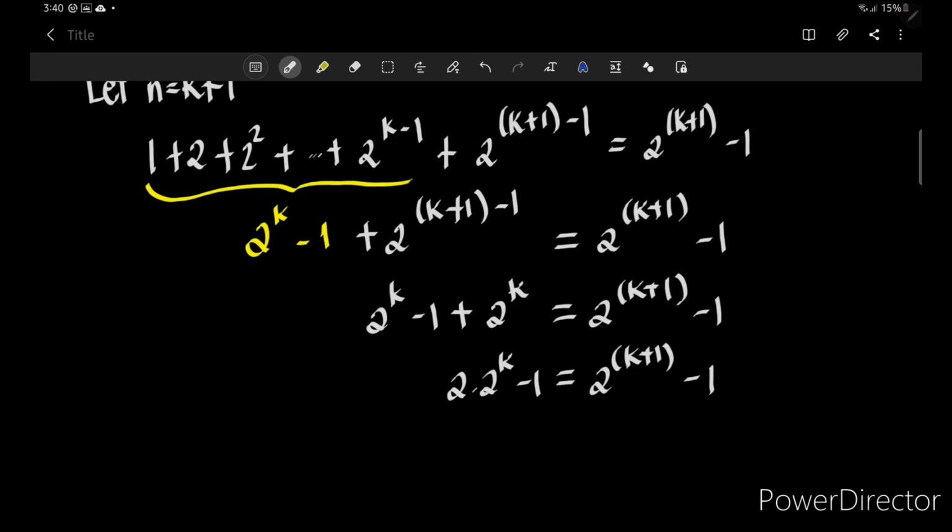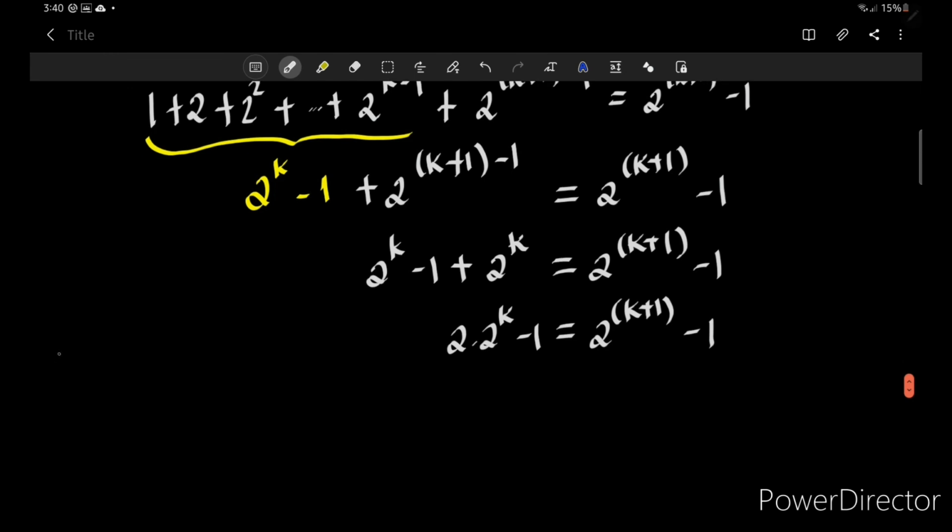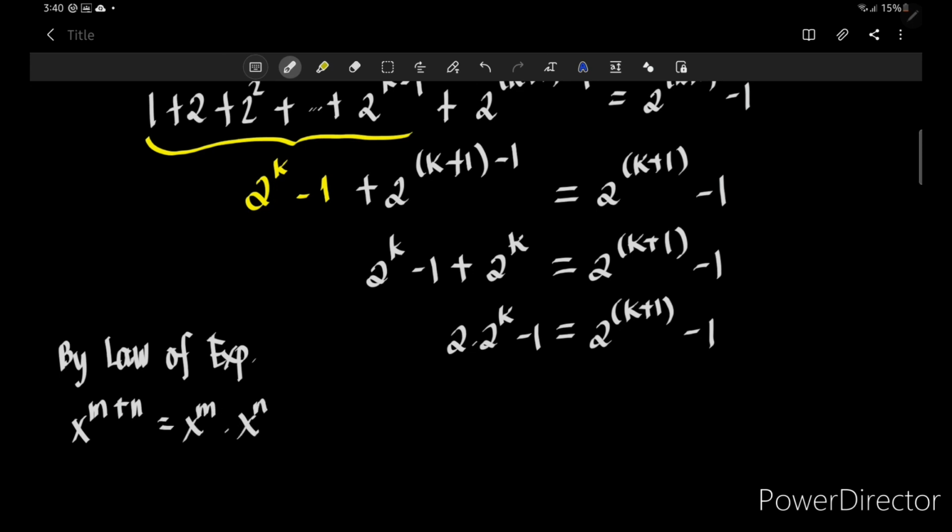Ngayon, kung mapapansin natin, by law of exponent, onting review lang tayo, alam natin na ang x raised to m plus n is just equal to x raised to m times x raised to n. Right?